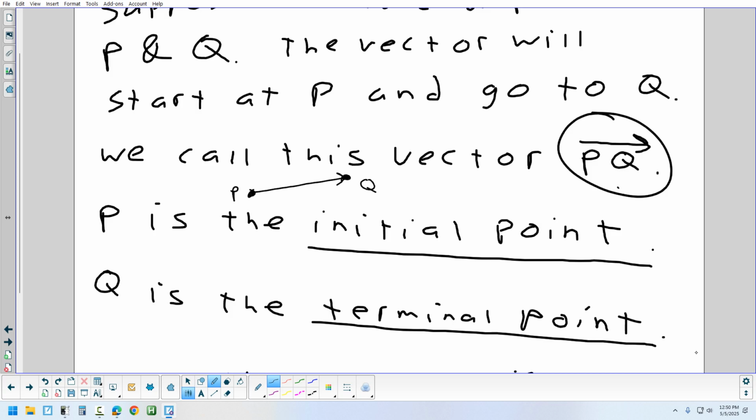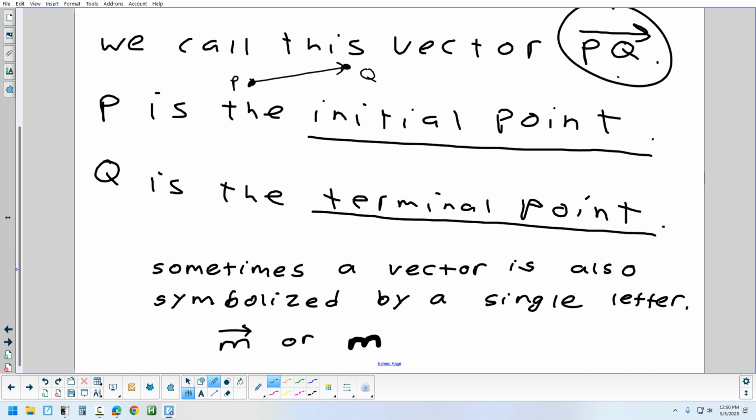When you're looking for the name, that is one way to do it. But there's another way we do it. We just use a single letter to name the vector. The problem is we already use single letters for something else in math. What do we use single letters for? Variables. So there's a difference between a vector and a variable, and you can't just use a single letter. But you can use a single letter with an arrow on top.